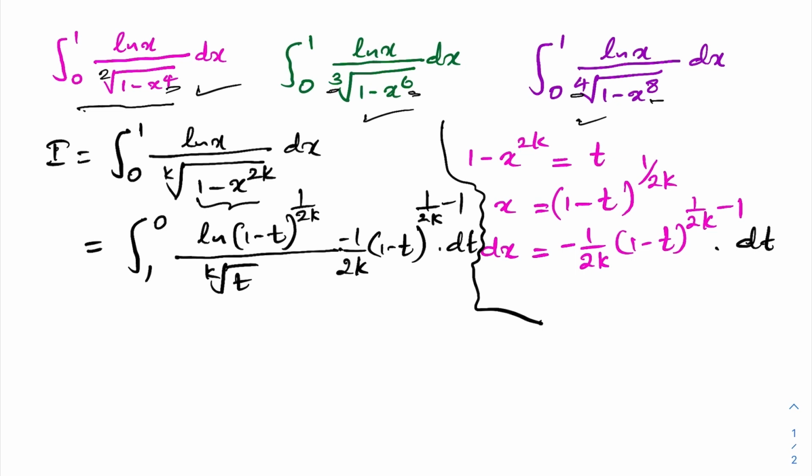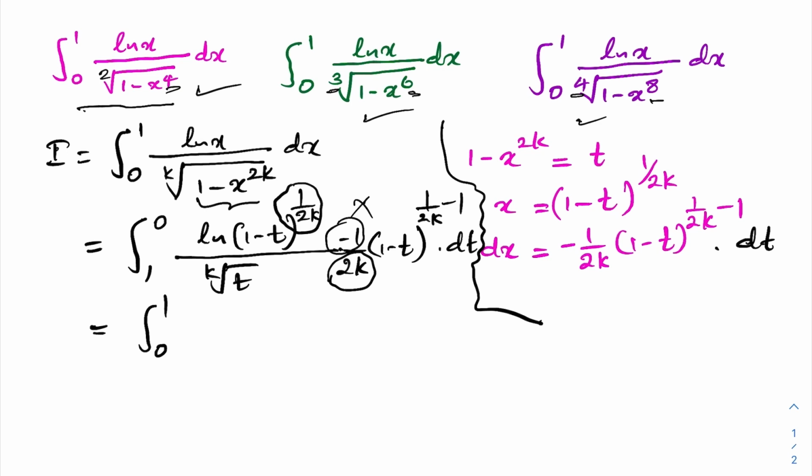Okay, then we can simplify. Here we can change the upper limit and lower limit. When we change the limits, this minus sign gets cancelled. So here the integral from 0 to 1. Now we have 1 over 2k, and in the numerator natural log of (1 minus t) to the 1 over 2k. According to the property of natural log, this 1 over 2k we can write in front of the natural log.